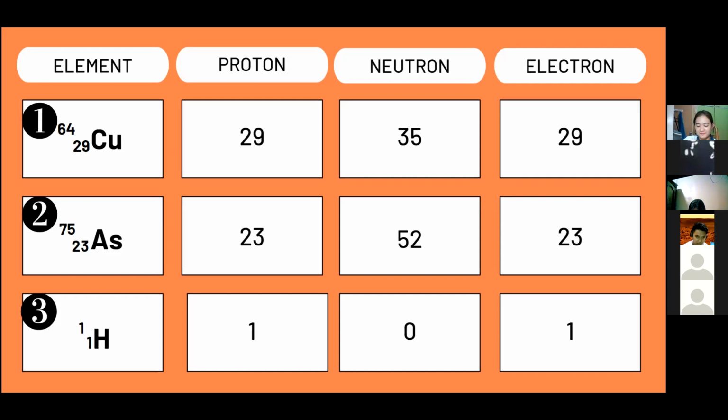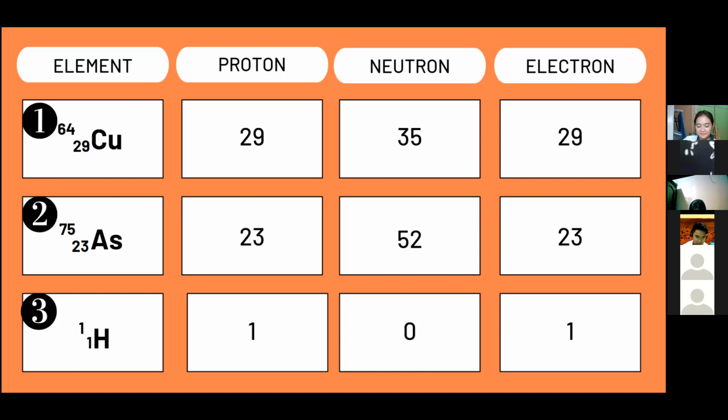So i-minus daw natin yung atomic mass tsaka atomic number. So sa copper, we minus 64 minus 29. So ang kinalabasan niyan is 35. Kaya nakuha natin ng 35 na neutron.